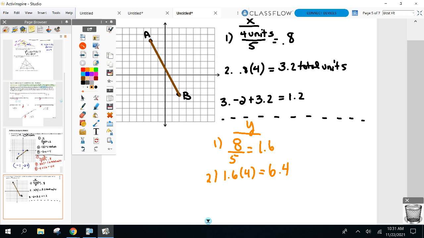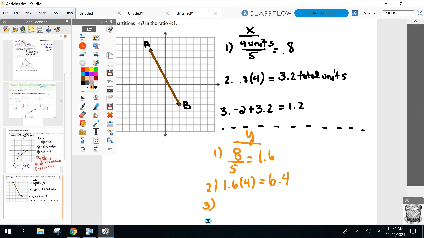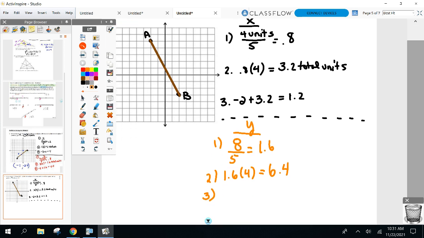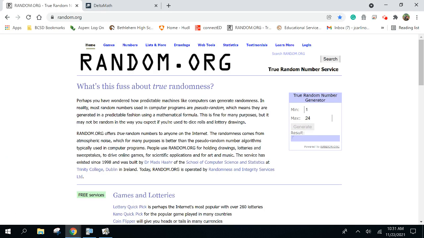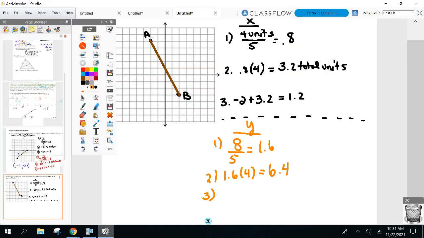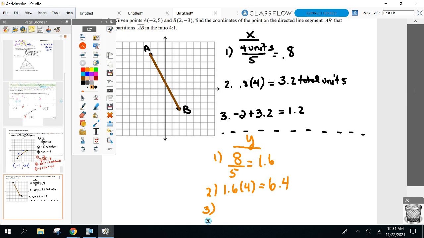All right, you ready? Where on the y-axis did you start point A? Where did I start point A? 5, good.